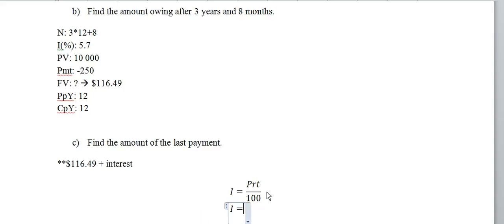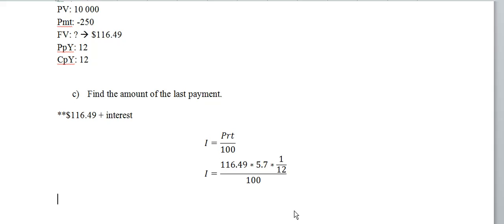That means I is equal to 116.49 times the rate as a year, 5.7, times 1 over 12, because that's going to be our time in years, and we want all of that over 100.